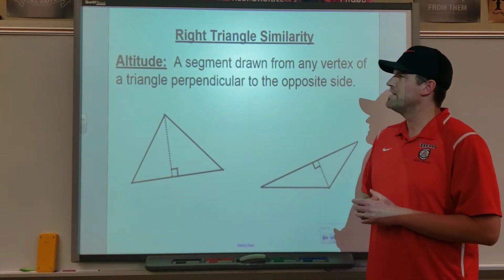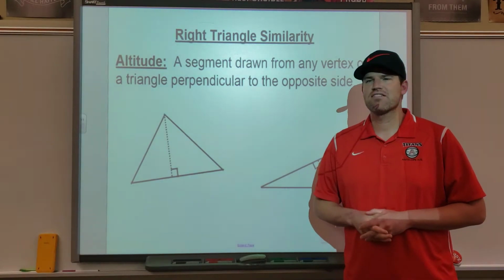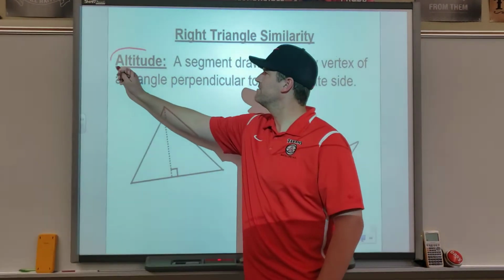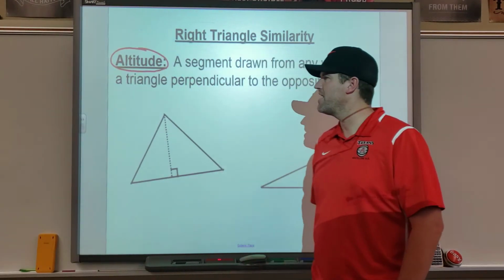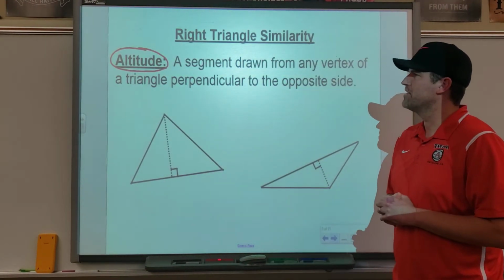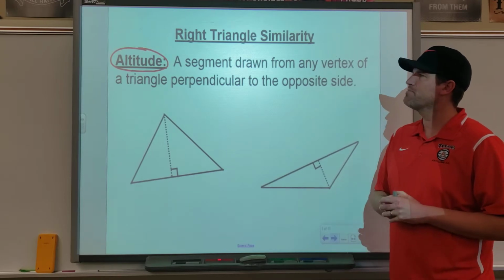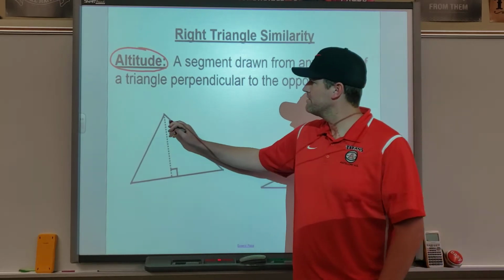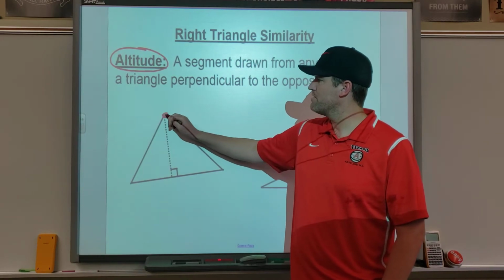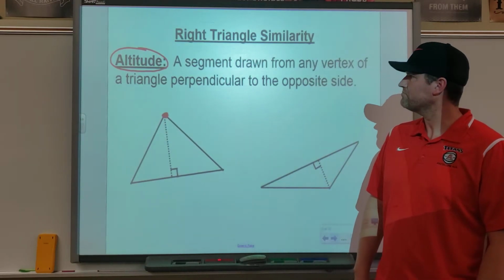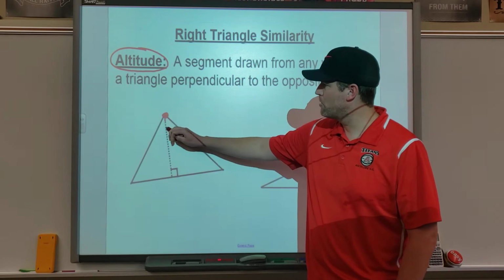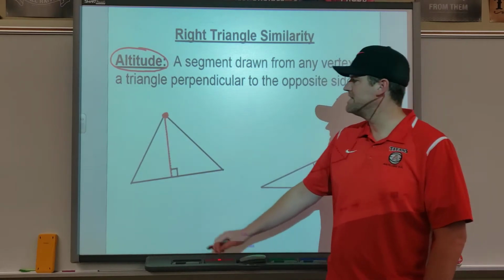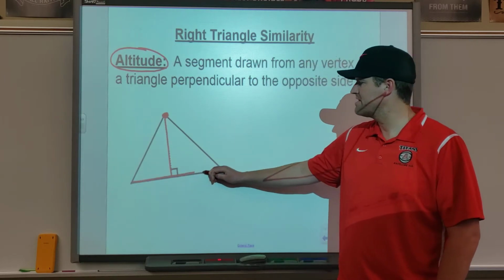But first we have one additional vocabulary word. It's altitude. So maybe you've heard altitude with flying a plane and how high the plane is in the air. It's a little bit different than that. This particular altitude is when you draw a segment from a vertex of a triangle, and you draw the perpendicular line, or the line that is perpendicular to the opposite side.